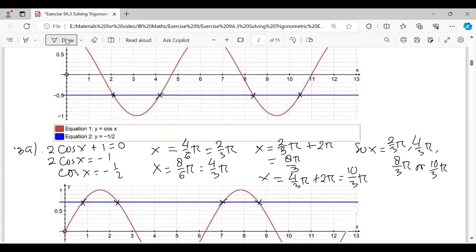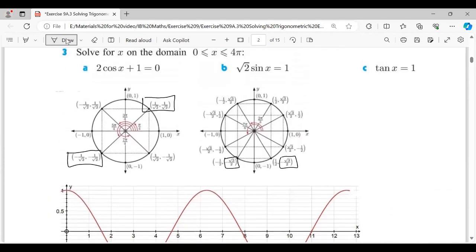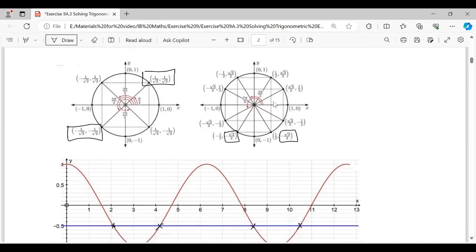But on from negative 2 pi, now from negative 2 pi, it means negative 2 third pi.